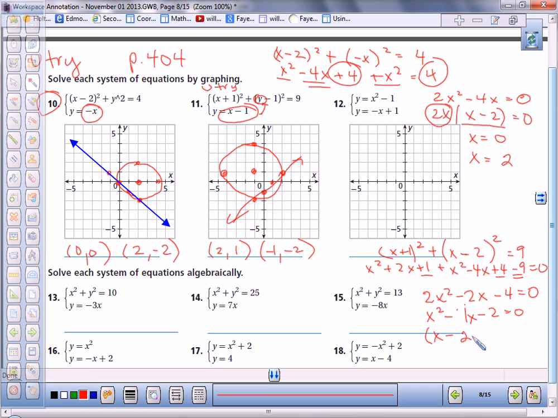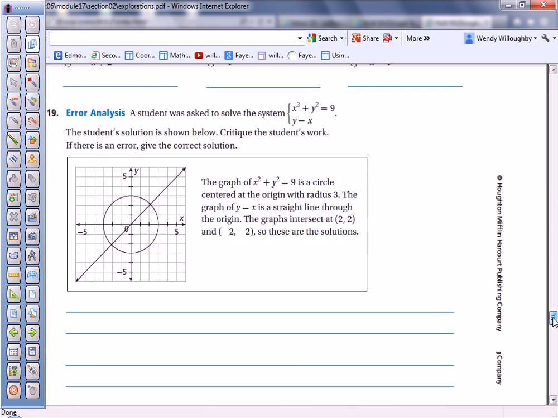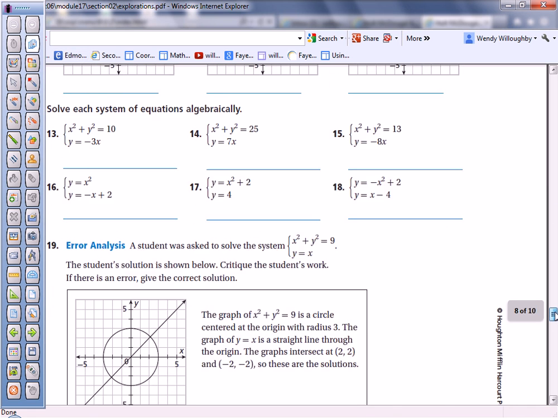All right, questions? Okay, let's look at some more of these that we will do algebraically. All right, let's take a look at number 13. Very simple. Since x squared plus y squared equals 10 and y equals negative 3x, what can we do?